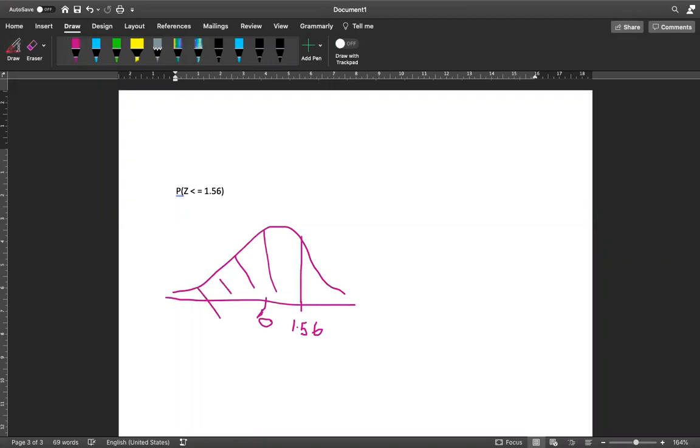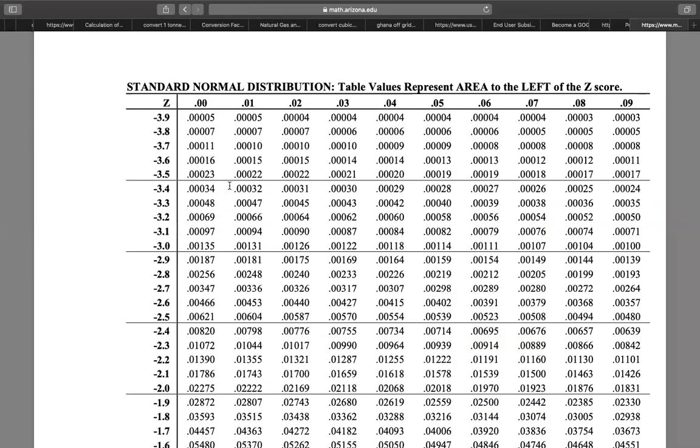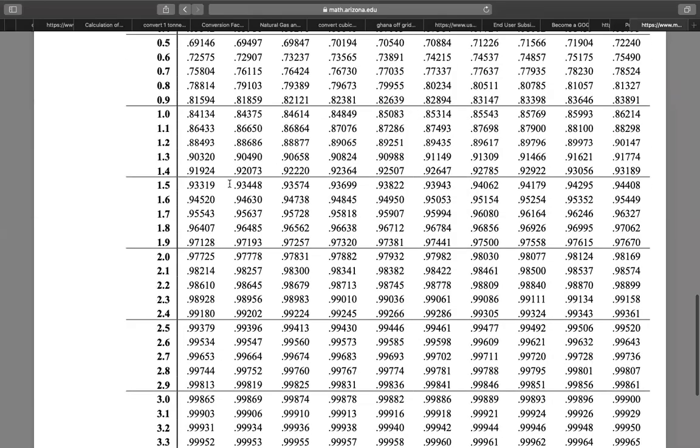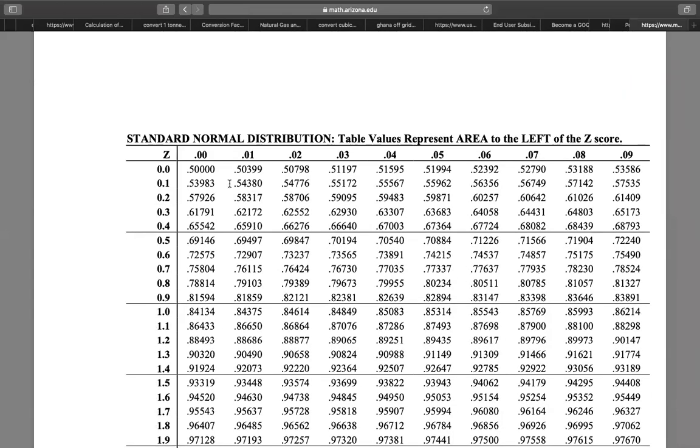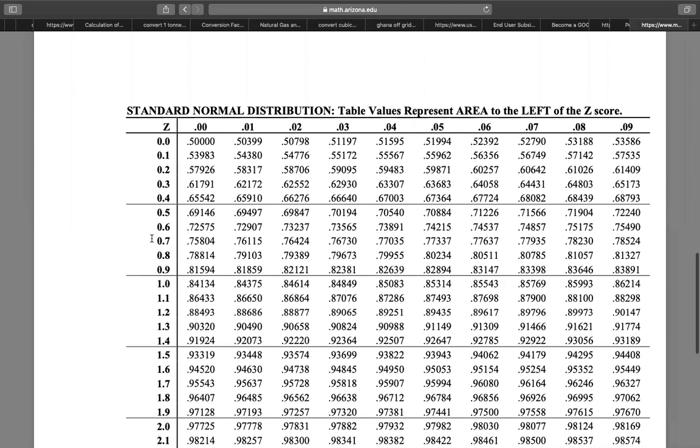So now let's go to the table and calculate. How do we calculate such a probability from the table? For 1.56, we take 1.5, then 0.06. So we trace from 1.5 to 0.06.